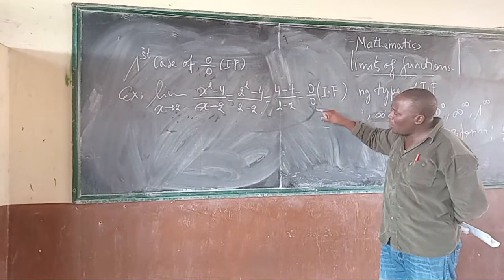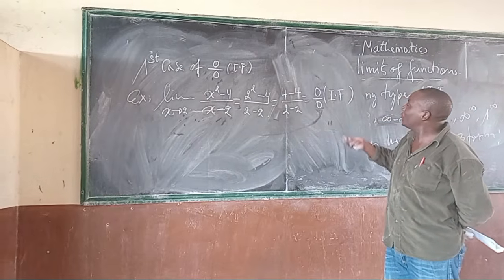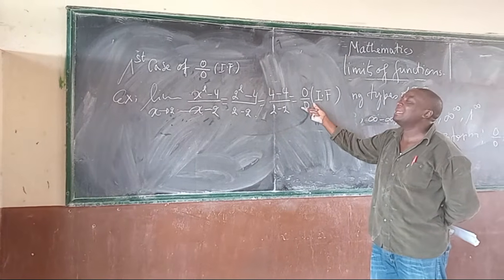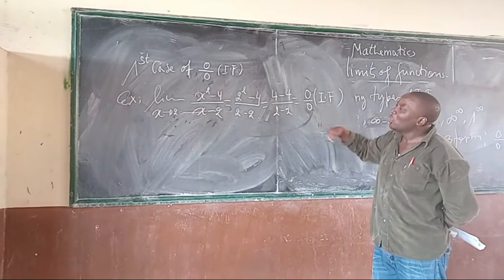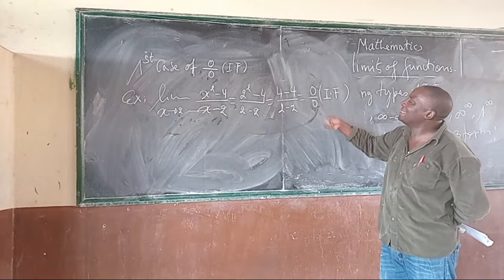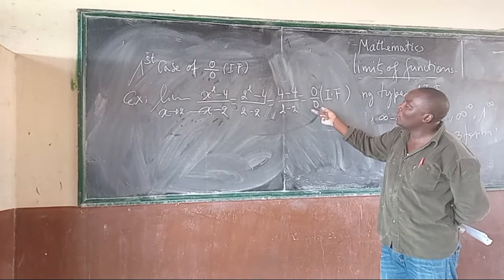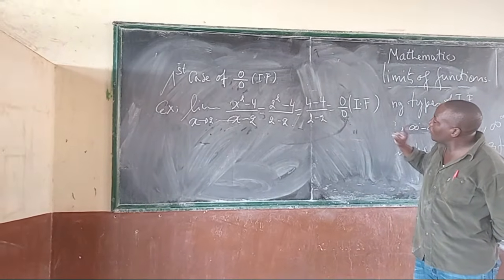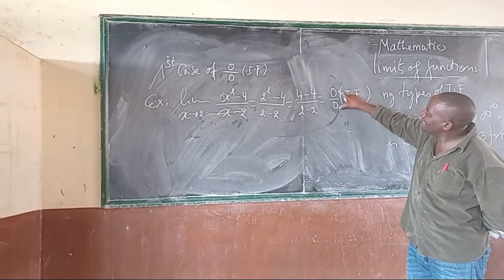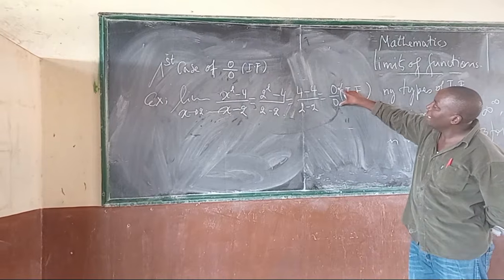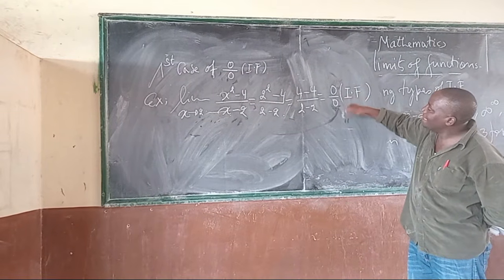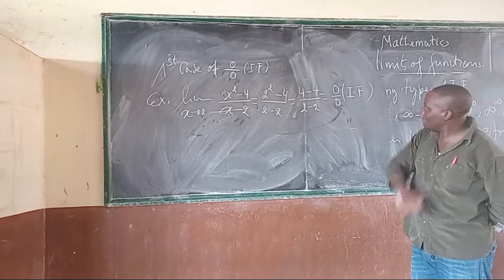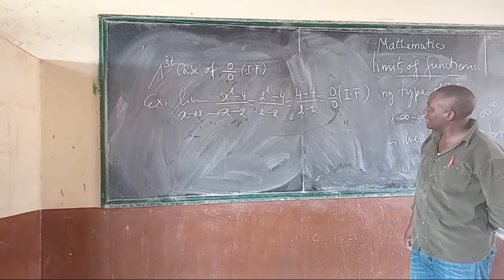Then I'm going to find the way of rejecting this indeterminate form, so that I can get the clear value, the real value, as the limit of our given function.